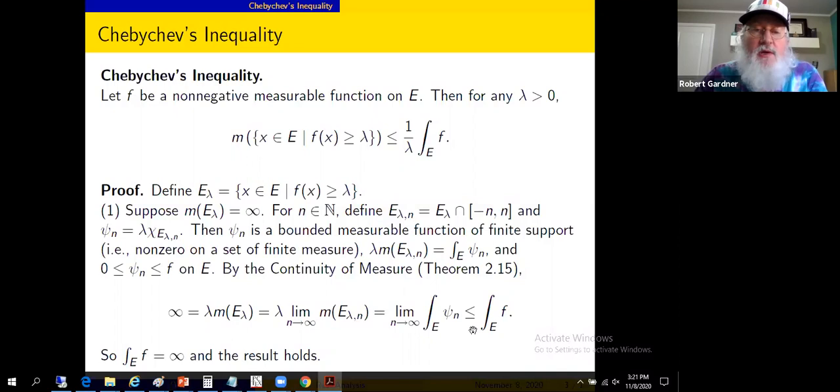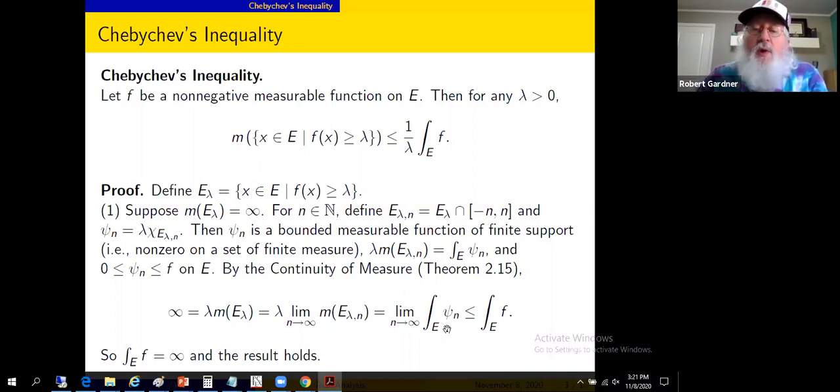So what's going on is we would define the integral over E of f to be a sup over bounded measurable functions of finite support integrated over set E. So we take the integral over E of bounded measurable functions of finite support, of which these psi sub n's are some, and then we take a sup over that.